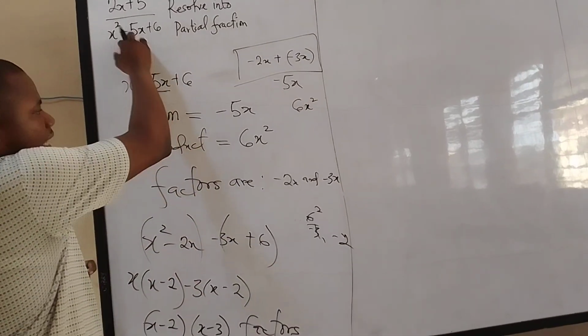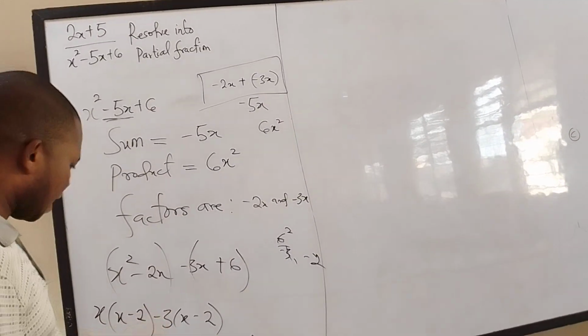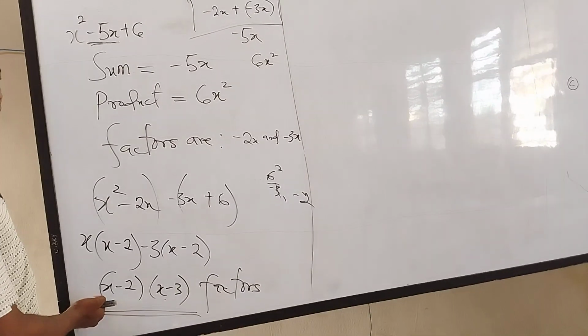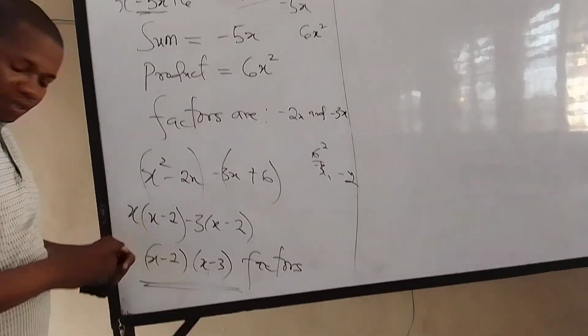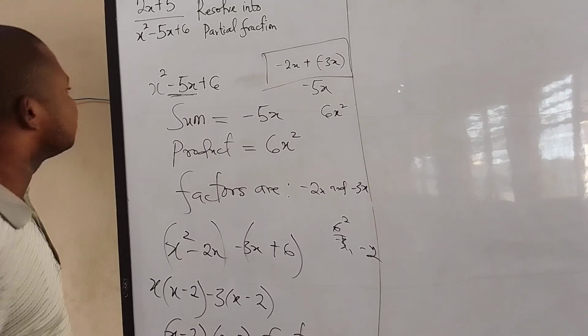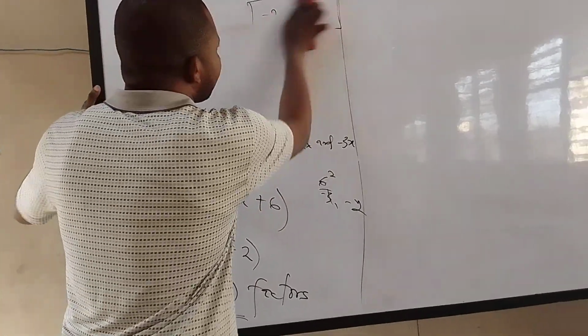So I'll now go back to this question by putting in this. What I'm supposed to have is x minus 2 and x minus 3. So that is what I'm meant to have there.